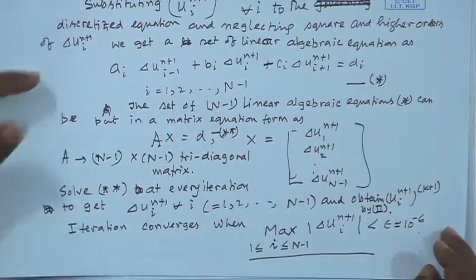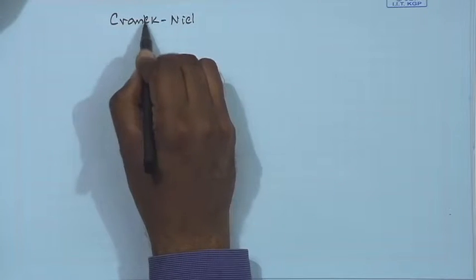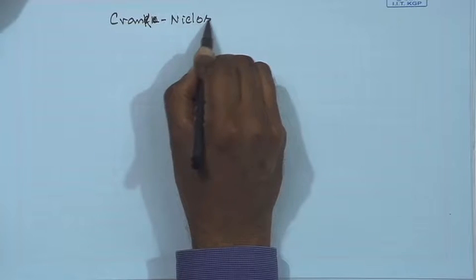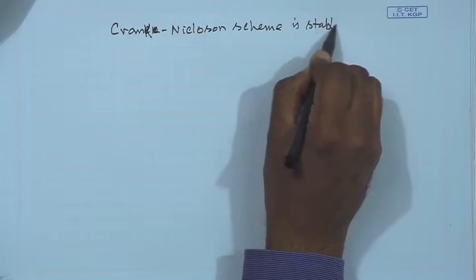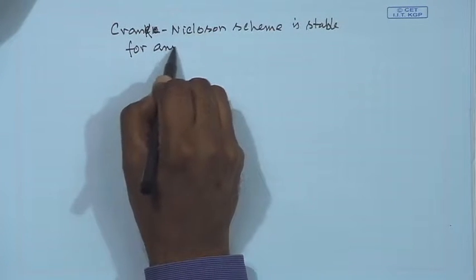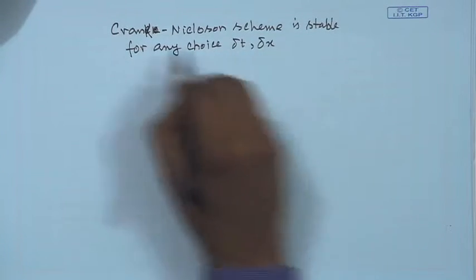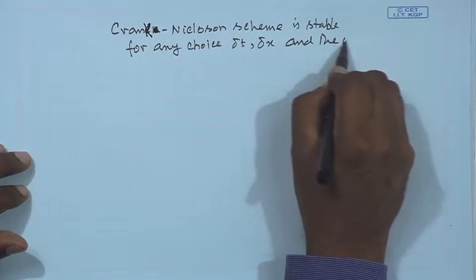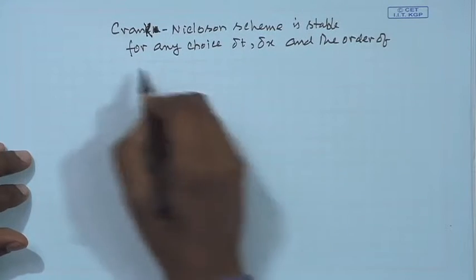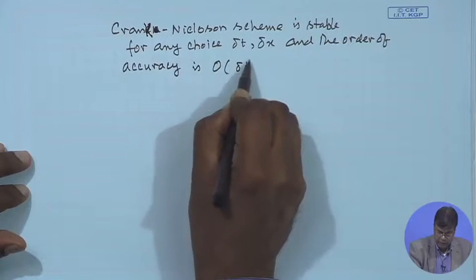Now, the Crank-Nicolson scheme, as we have stated before, is stable for any choice of delta t and delta x, and the truncation error and the order of accuracy is order delta t square, delta x square.